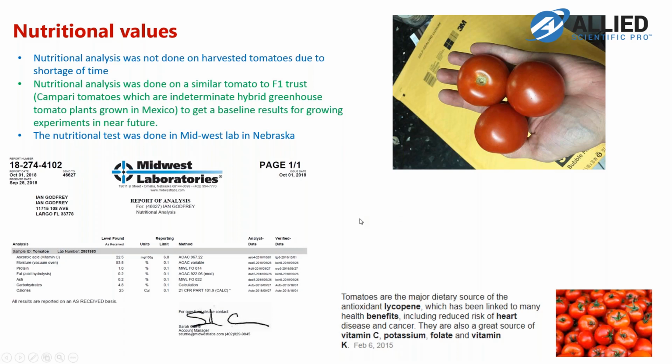We got a hold of these Campari tomatoes, which are also indeterminate hybrid greenhouse tomato plants grown in Mexico, and sent them to Midwest Laboratories in Nebraska to get some measurements of the nutritional values, so that next time around when we grow tomatoes, we have a baseline value to compare against.